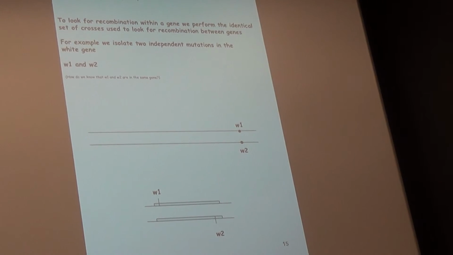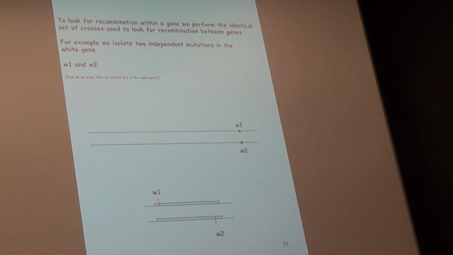Okay, so we're going to look at recombination between these two alleles. That's what we're going to basically do, just like we were doing for forked and carnation. So when you have a W1 mutation here, the sequence here is normal. When you have a W2 mutation here, the sequence here is normal.